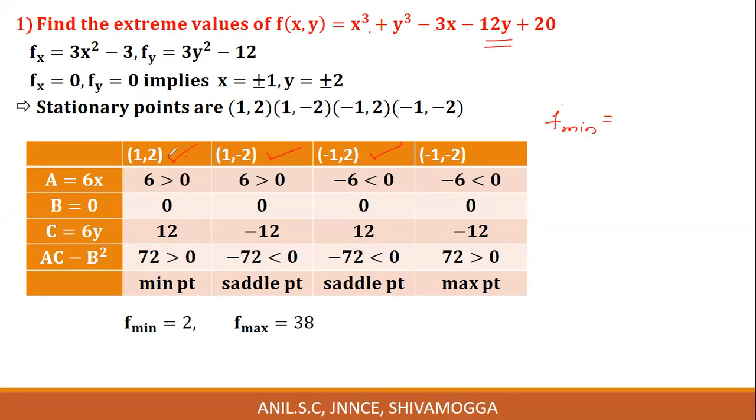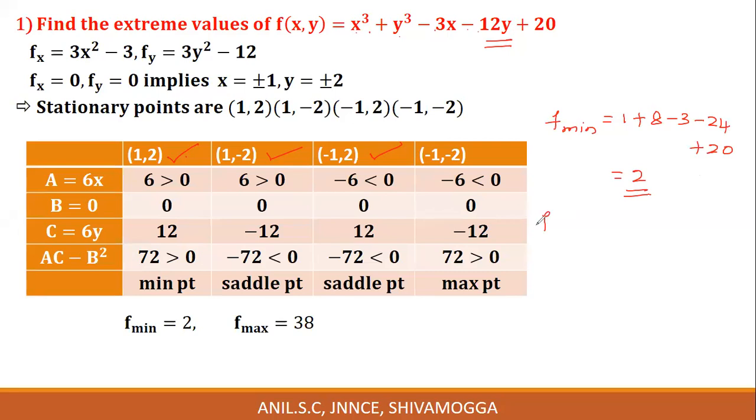X is equal to 1 and y is equal to 2. 1 cube is 1 plus 2 cube is 8, minus 3 into 1 is minus 3, minus 12 into 2 is minus 24, plus 20 as is. This is equal to 2. This is the minimum value attained by the function f of x comma y.